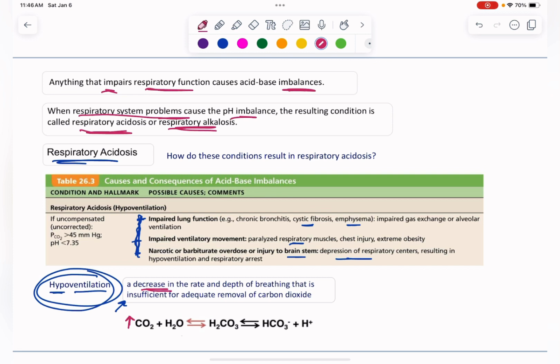They're going to go up because we're not expelling enough out. That's going to cause the equation to shift to the right, and it's going to cause the accumulation of free hydrogen ions in the body. So that's going to result in respiratory acidosis. Pretty much anything that causes hypoventilation can result in respiratory acidosis.